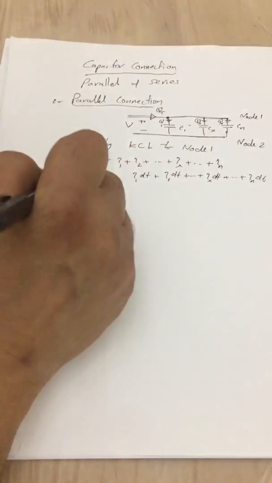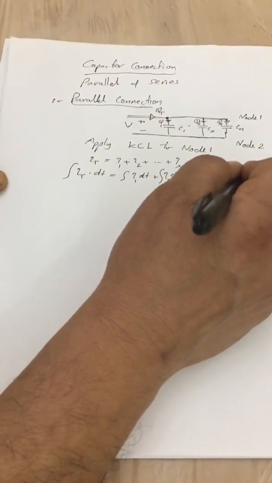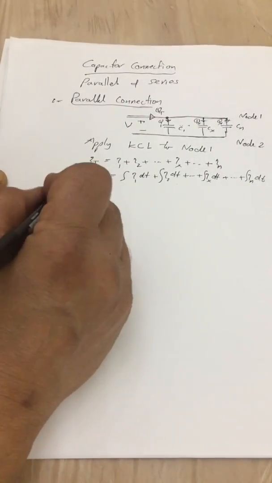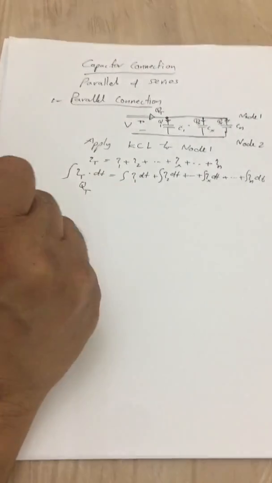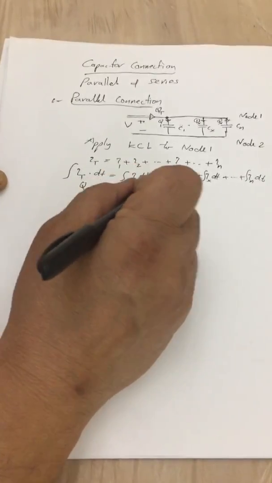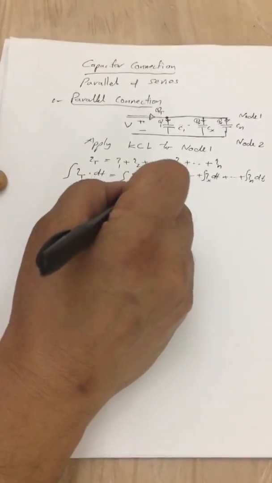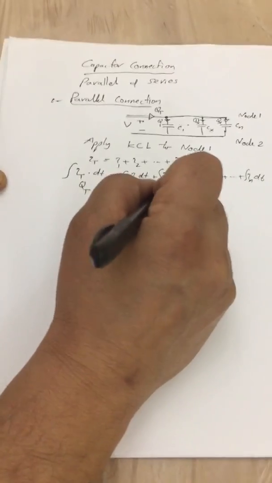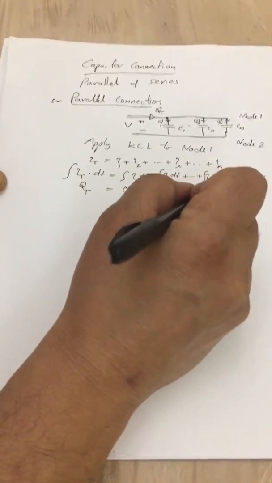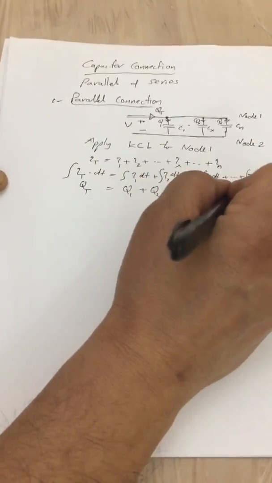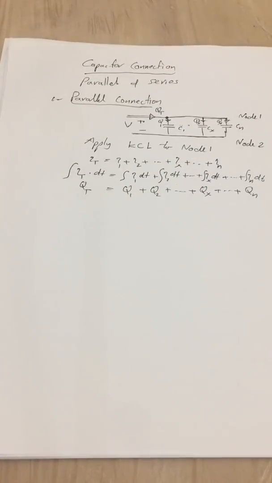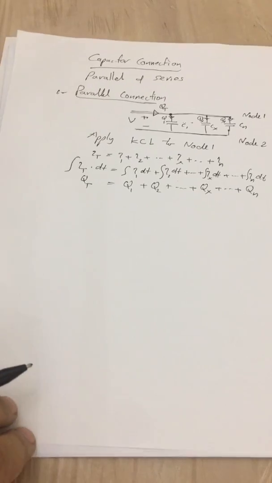Integrating both sides with respect to time, we get the integral of I total dt is Q total, equal to I1 dt is Q1, plus Q2 plus Qx plus Qn. So the total charge will equal the sum of all individual charges of the capacitors.